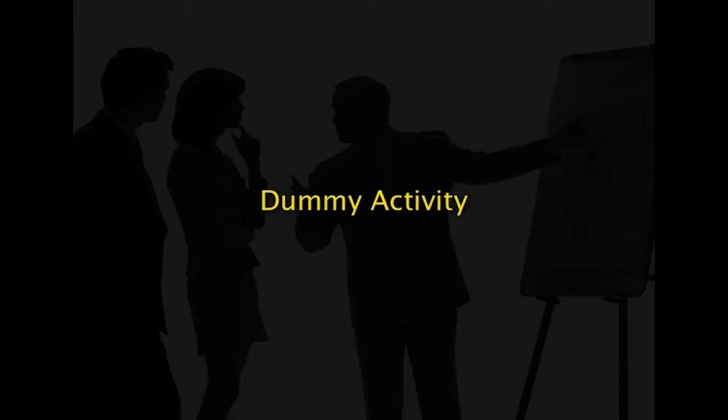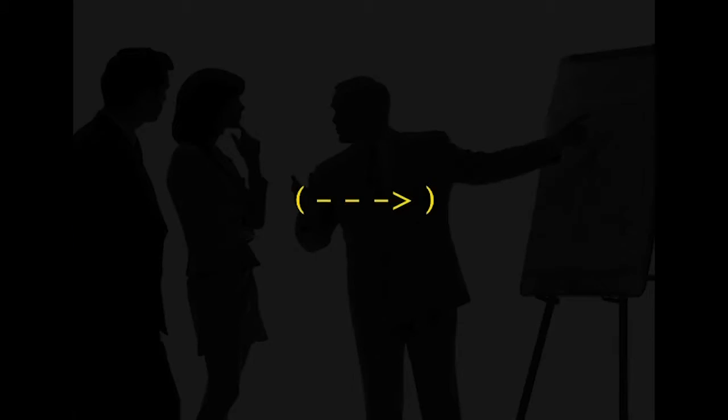Dummy activity. It indicates the logical relationship between activities, preceding and succeeding activity relationships, and does not require any resources like money, material or time. It is usually represented by a broken dashed arrow. Next is event. Beginning and end points of activity is denoted as event.